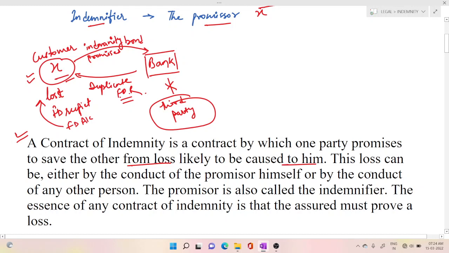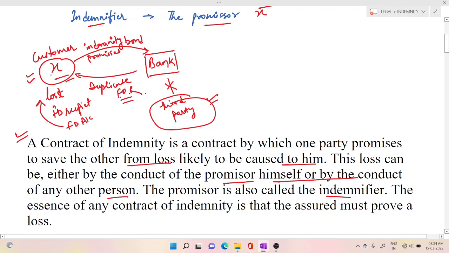This loss can be caused either by the conduct of the promiser himself or by the conduct of any third person. The loss can be generated either by a third party or by the misconduct of the customer X. The promiser is called the indemnifier.